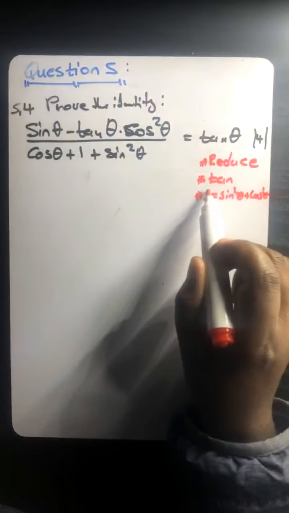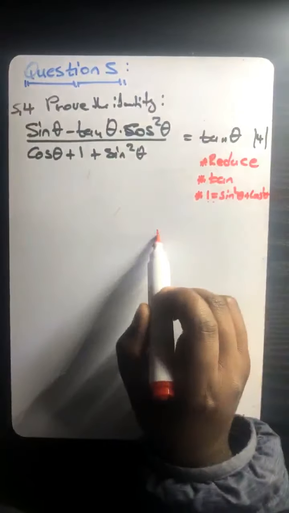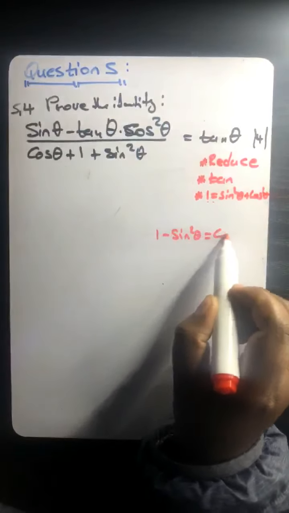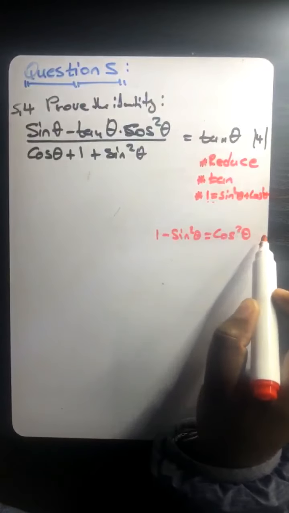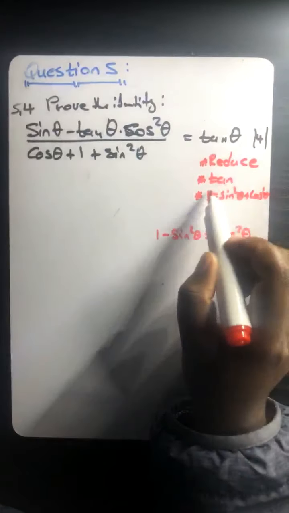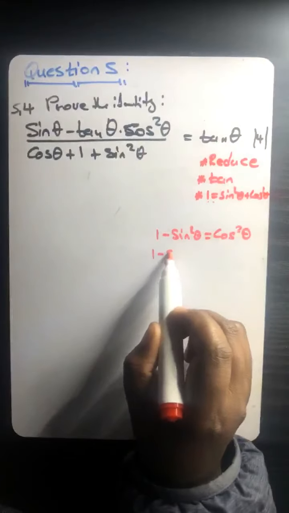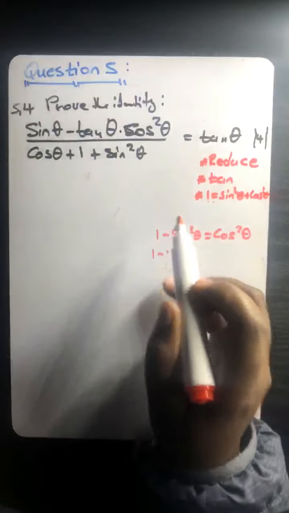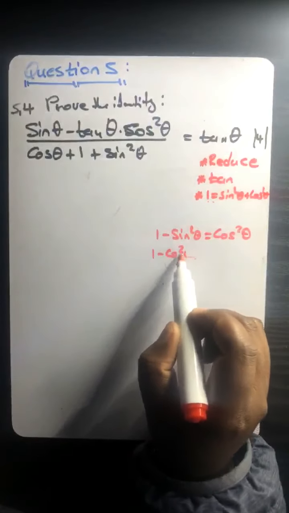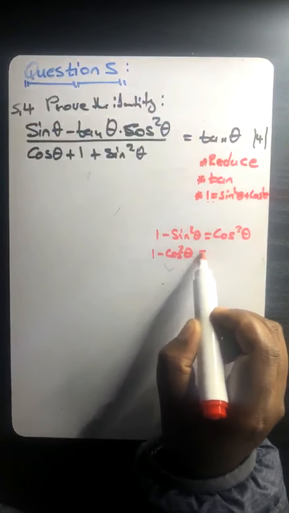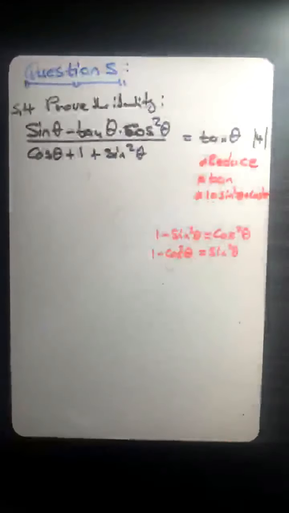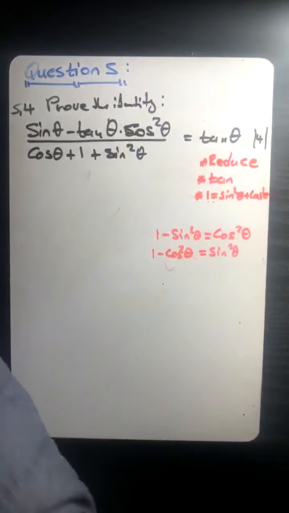If you transpose, then it means 1 minus sine squared angle is equal to cos squared angle. Or maybe if you transpose cos, then 1 minus cos squared angle is equal to sine squared angle. You just need to bear in mind all that information.